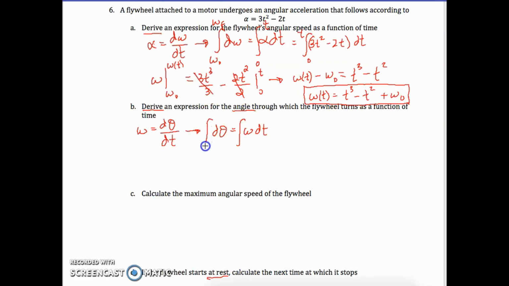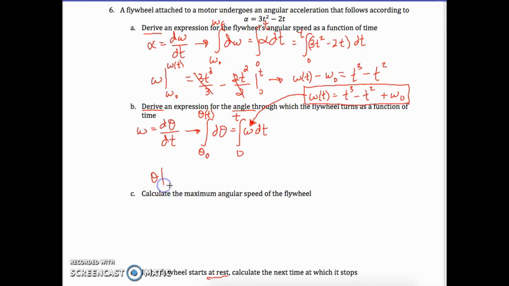And again, we will find the antiderivative between the original starting position and the position at some later time, at time equal to 0, and then some later time. Now we have an expression for the angular speed that can then go in here to find the antiderivative of. And we will go through exactly the same process here that we did above, but using a slightly different equation.